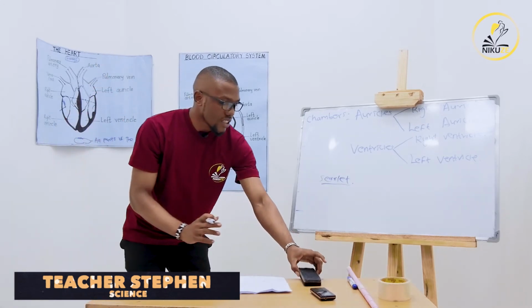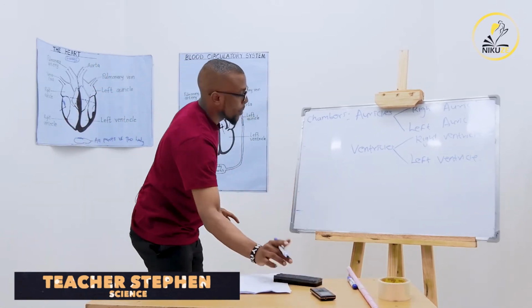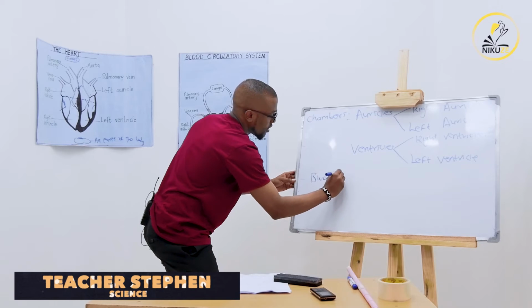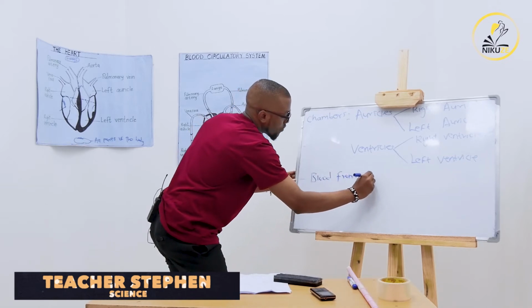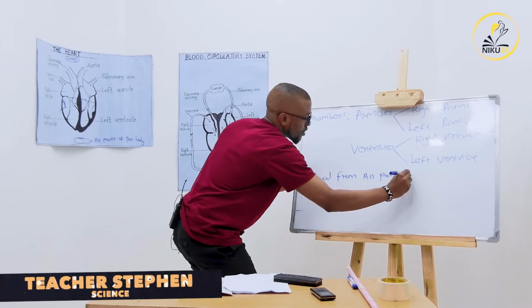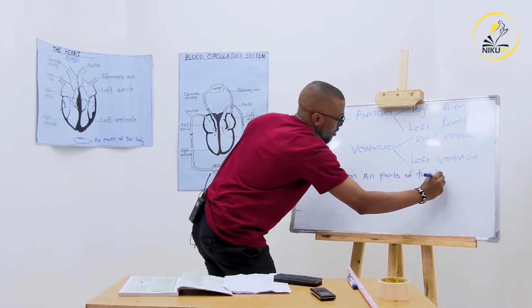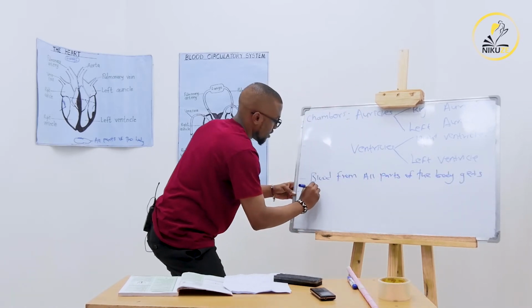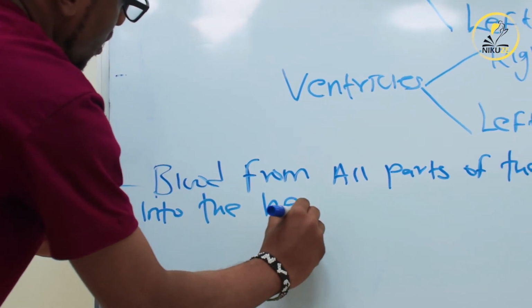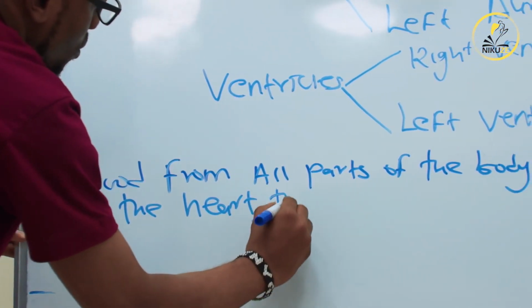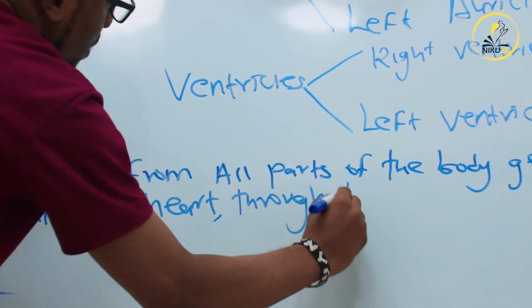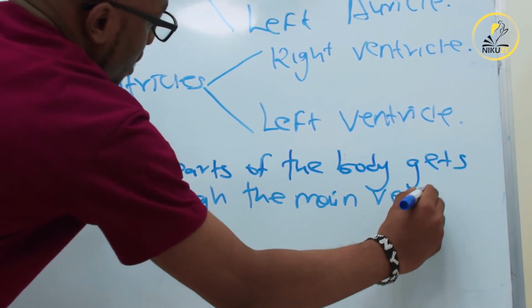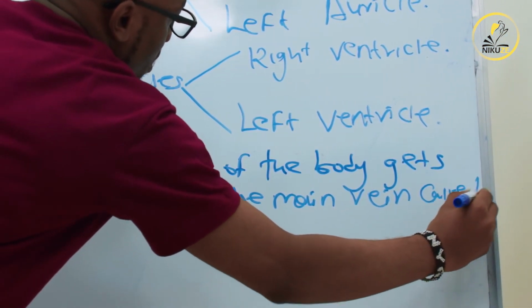So we can write: blood from all parts of the body gets into the heart through the main vein called vena cava.